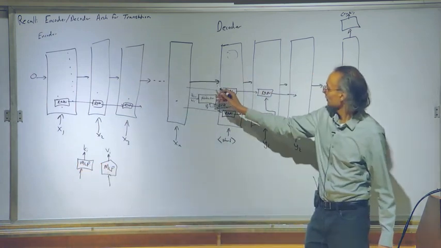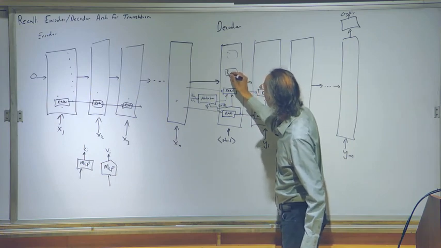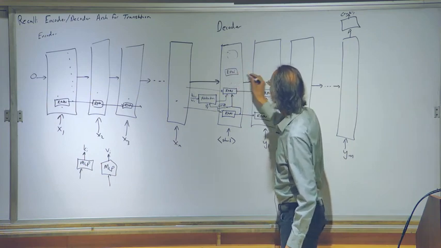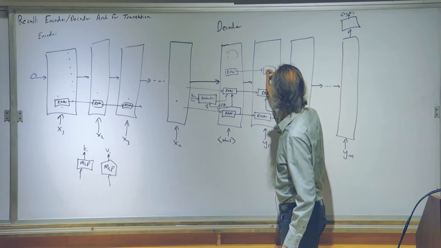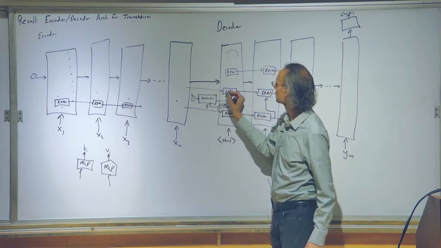you have a choice, right? So you want to do this again, right? There are layers here. So let's go to the next RNN layer. So this also should have attention here.